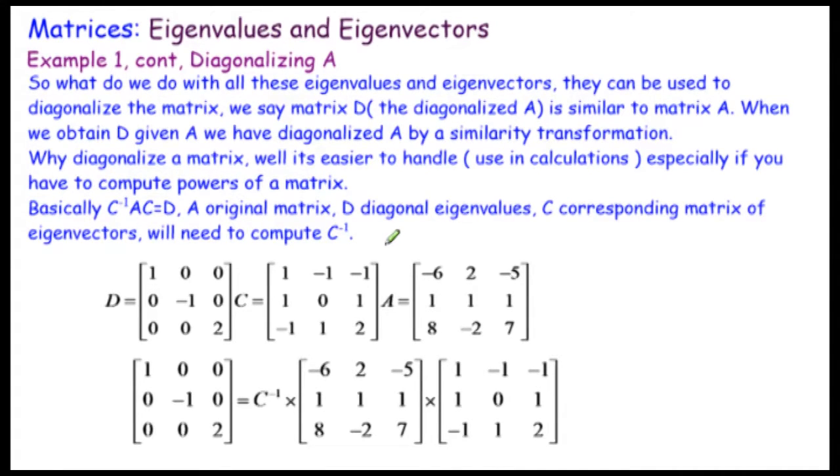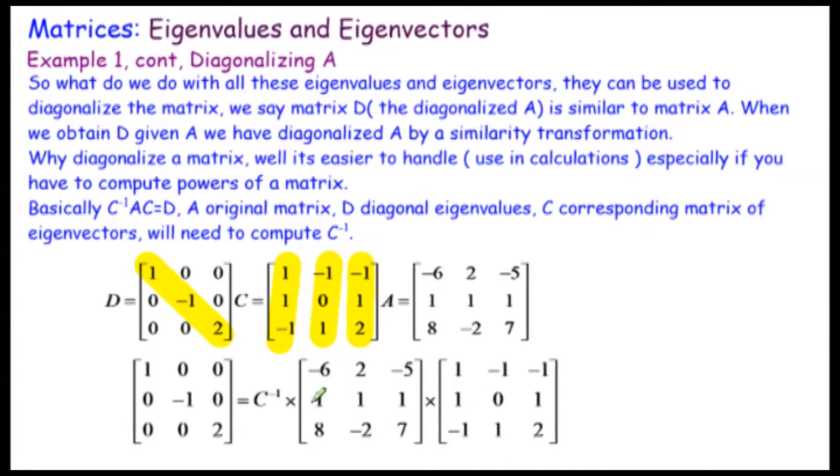So when you find the eigenvalues and eigenvectors, you put them into matrices. The eigenvectors form this matrix C here. These are the eigenvectors down here, the eigenvalues come down this way, and this is the diagonalized matrix.